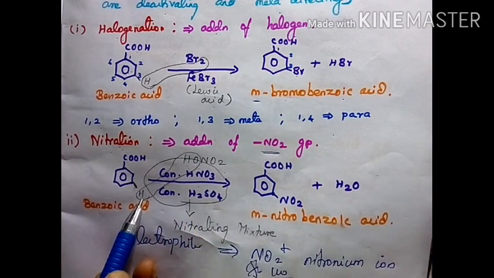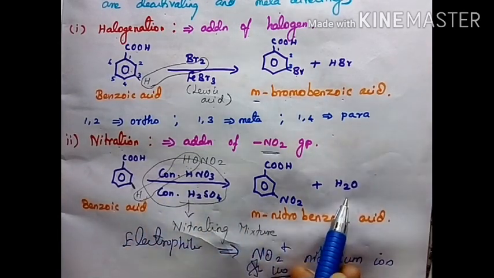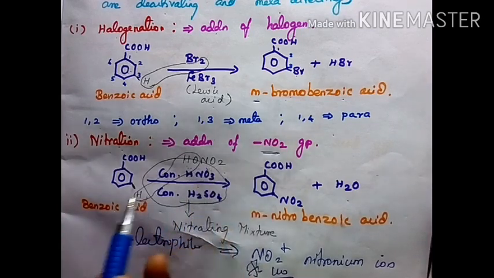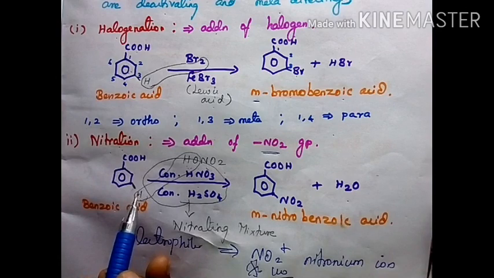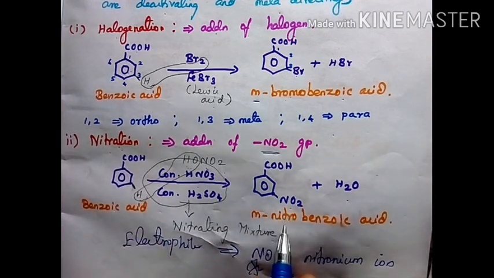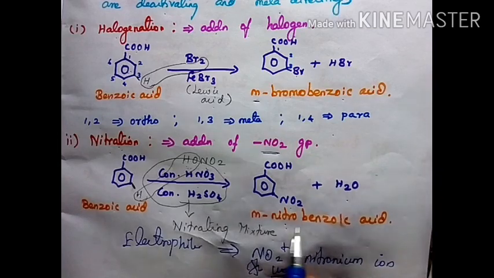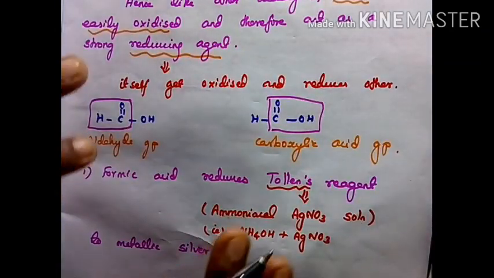The reaction takes place at the meta position, no? So the meta hydrogen and this OH go out as water. Now what remains here? NO2. This NO2 comes and attacks here at the meta position. It is called nitro. So it is meta-nitrobenzoic acid.